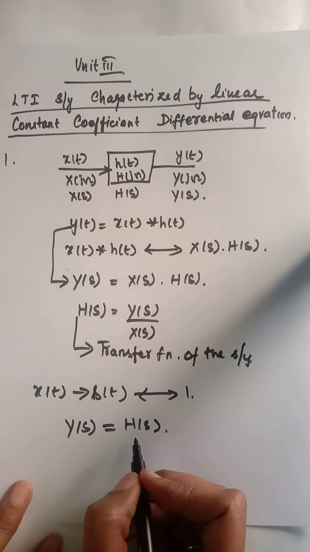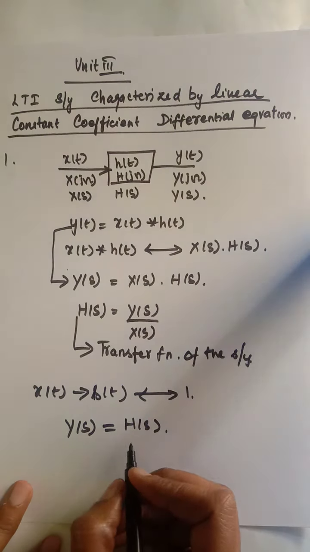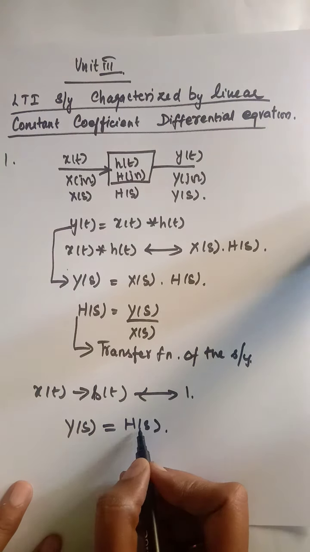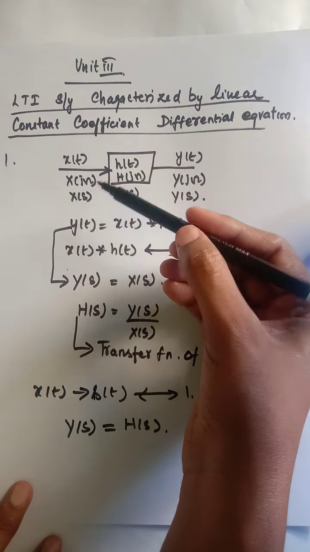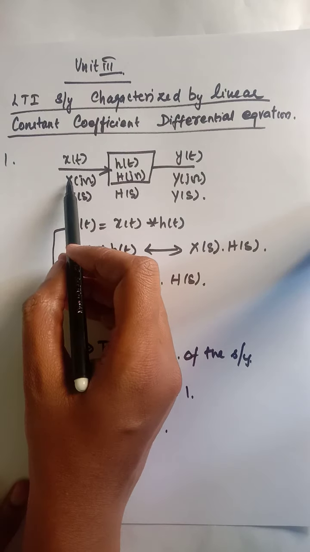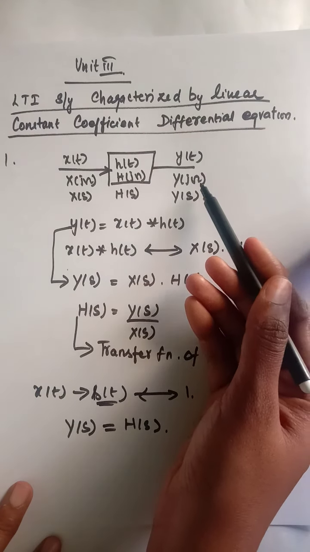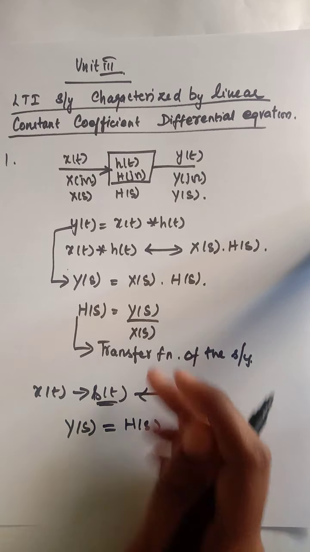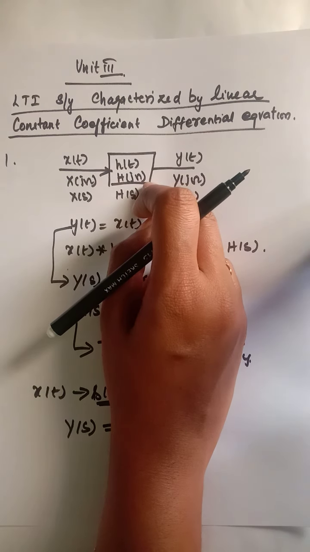When you take the inverse Laplace transform, the output is equivalent to the impulse response of the system. That is, when you apply the impulse to the system, you obtain the transfer function of the system, H of s, and from that we can analyze the functionality of the system.